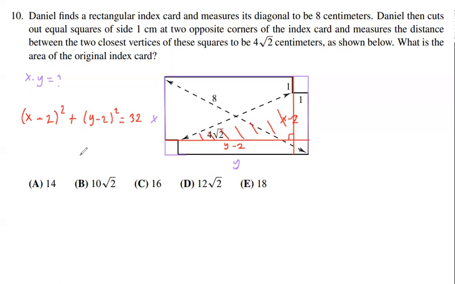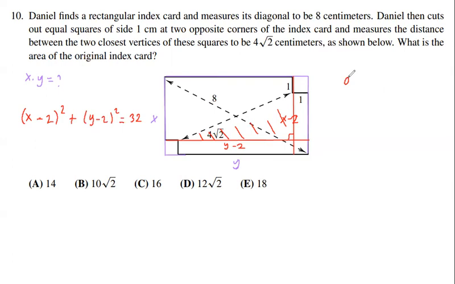Which is actually going to help, but we just need another equation to solve this. At the same time, the diagonal of the larger rectangle was also given, right? That's also another right triangle right here, so I can use the Pythagorean theorem in the larger one.